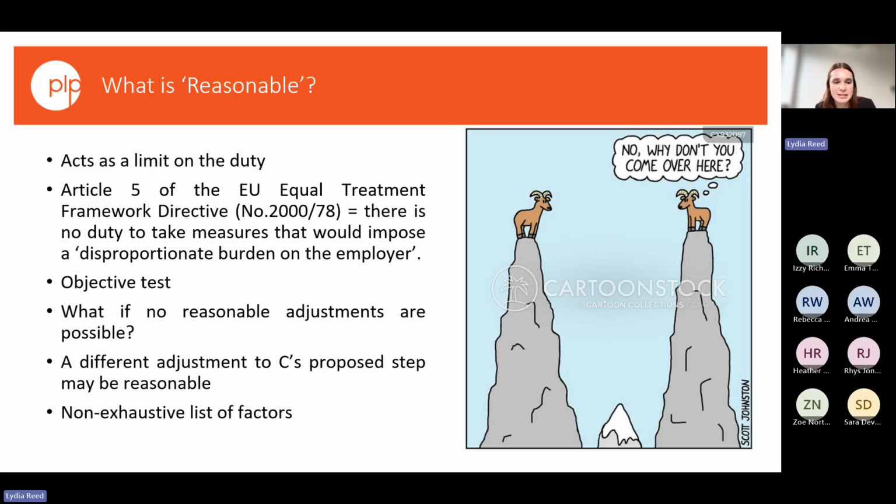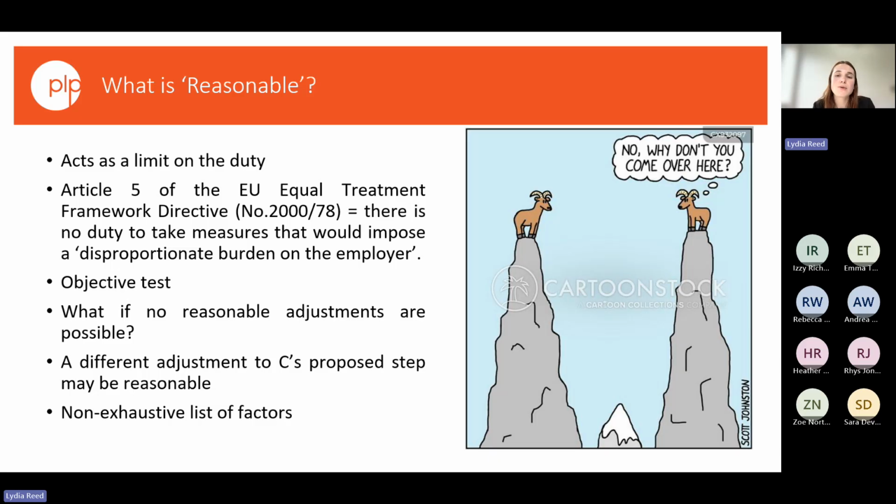Unlike unfair dismissal, the tribunal is essentially substituting its own view and stepping in there for that of the employer. It may be that there's a certain set of facts that mean that multiple adjustments can work together to alleviate one substantial disadvantage.